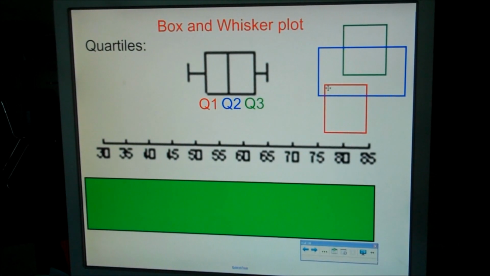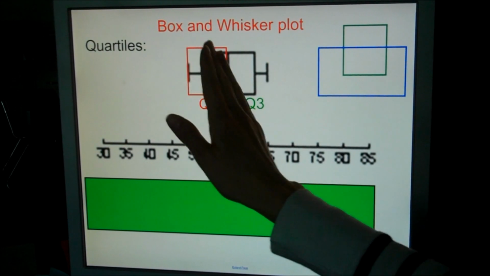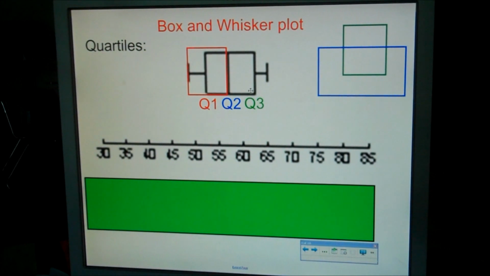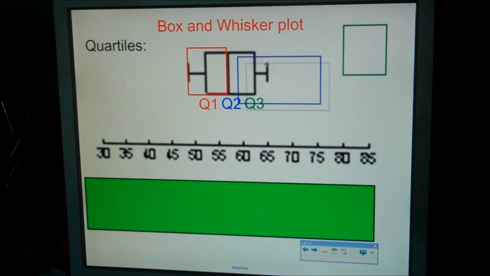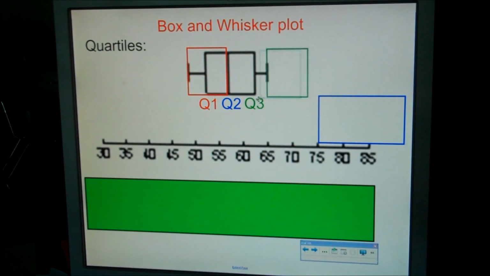However, quartile 1 is all of that. It's the first half of the data. That's quartile 1. Quartile 3, back here at the end, he is the second half of the data.